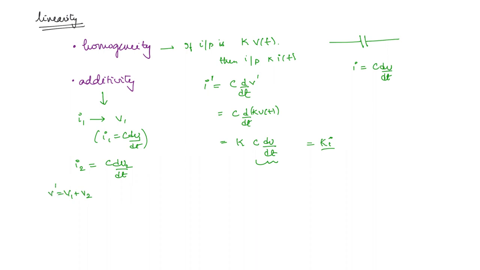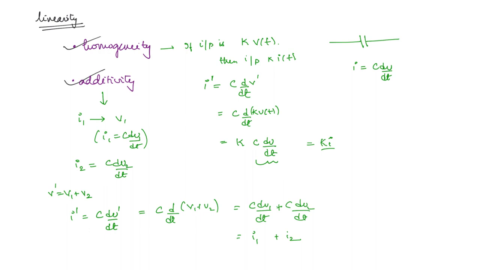If you take V dash as V1 plus V2, then I dash is equal to C dV dash by dt, which is C into d by dt of V1 plus V2. Differentiation can be expanded like this. C dV1 by dt is nothing but I1 and this is I2. So for the input V1 plus V2, you will get the sum of individual outputs I1 plus I2. So additivity is satisfied, homogeneity is also satisfied. That is why we say that the capacitor is a linear element.